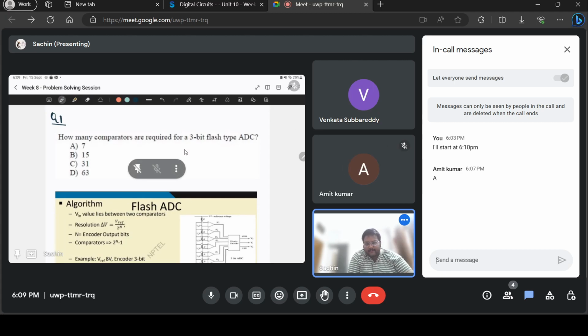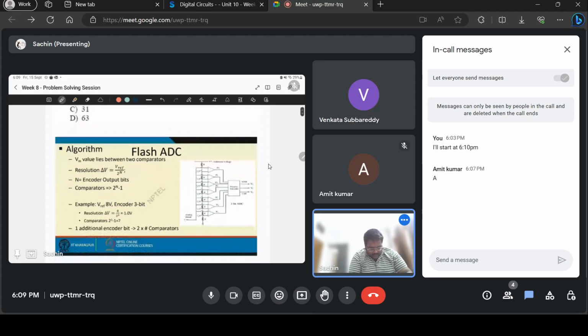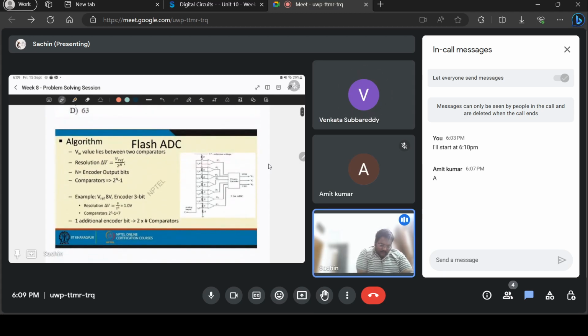Okay, what is the answer for the first question? So here you can see a comparator circuit. The flash ADC circuit is given, and you need 2 power n minus 1 comparators for an n-bit flash ADC.